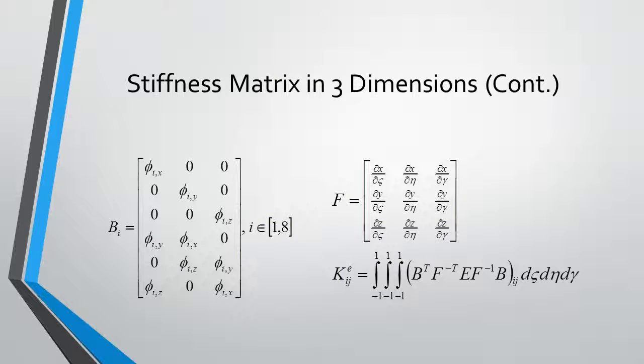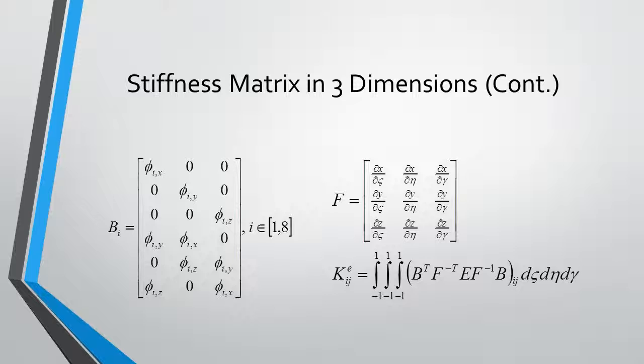This also means that our F matrix is now a 3x3 rather than a 2x2, and that the B matrix is a 6x24 rather than a 3x8. However, formulation of the K matrix is exactly the same as it was previously, just with another dimension involved. It is now much longer, but still rather the same.